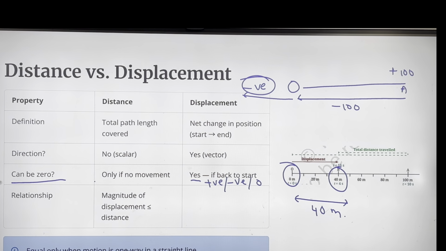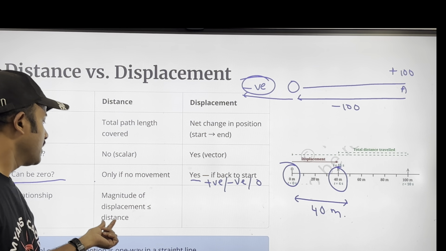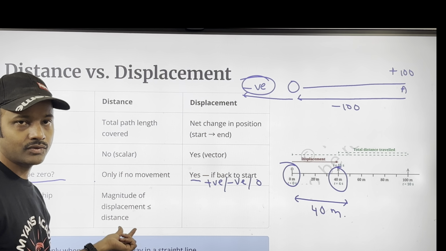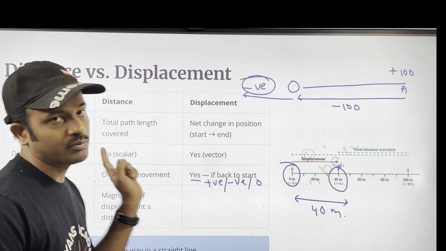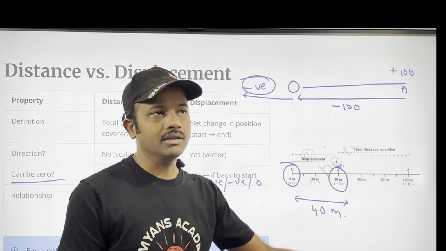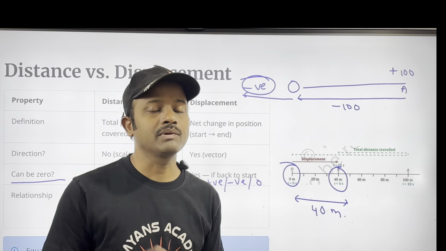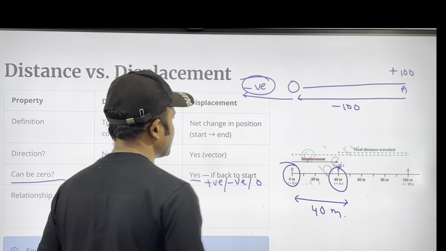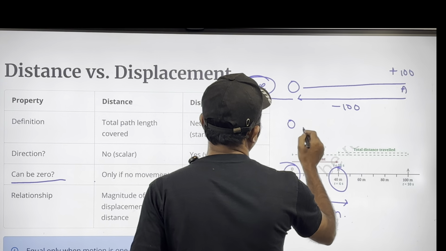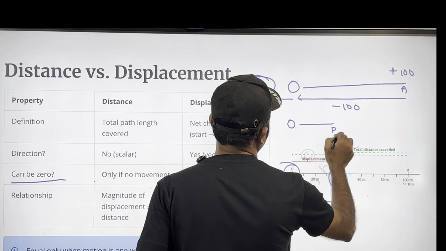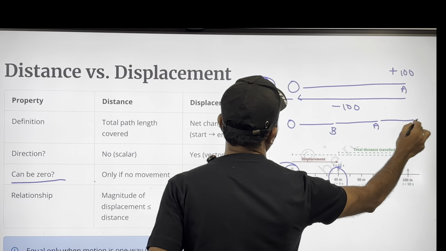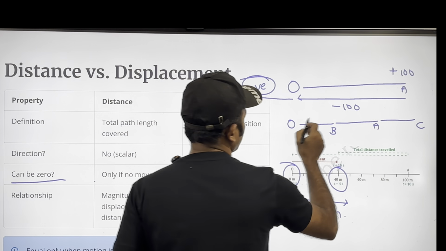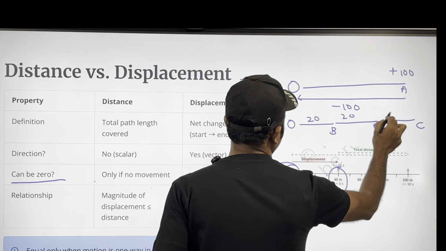So the relationship between the distance and displacement: the magnitude of displacement may be equal or it may be less than distance. When it is equal, if the object is moving in a straight line in one direction, in that case the distance and displacement values both are the same. For example, the object moves from O to B, B to A, or A to C, 20 meter, 20 meter, 20 meter.